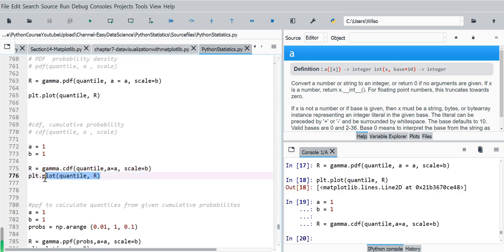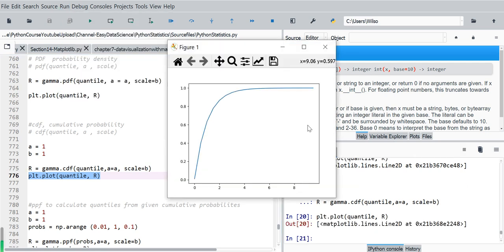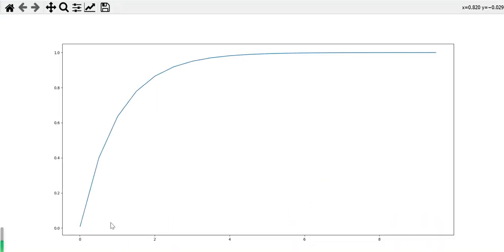Then we also plot the relationship between random variables and the cumulative probability. You can see the cumulative probability is a non-decreasing function of the random variable. The probability goes from 0 to 1.